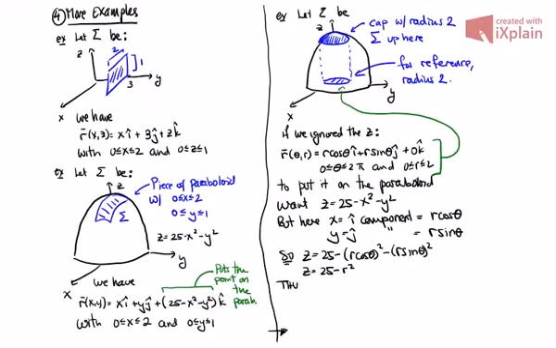So for our final answer, we have r of theta and r, which is r cosine theta i plus r sine theta j plus 25 minus r squared k. This is with theta between 0 and 2 pi, and r between 0 and 2.